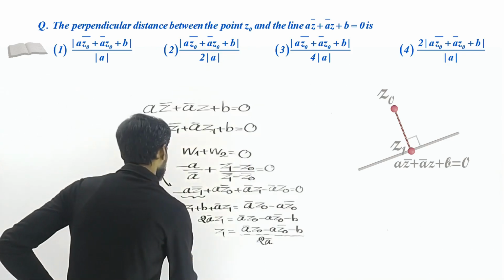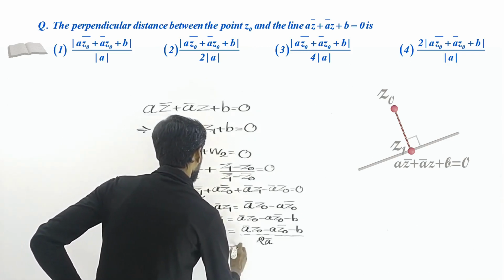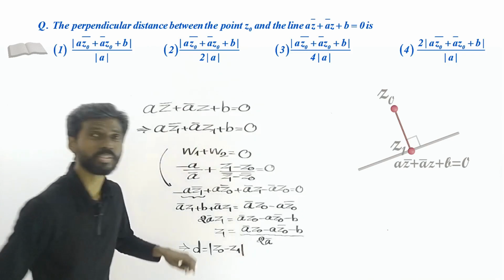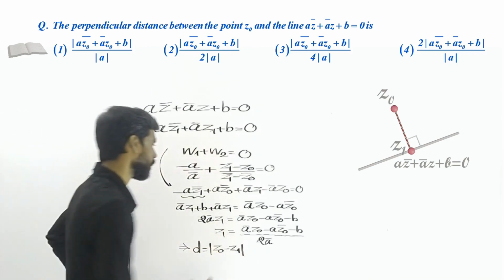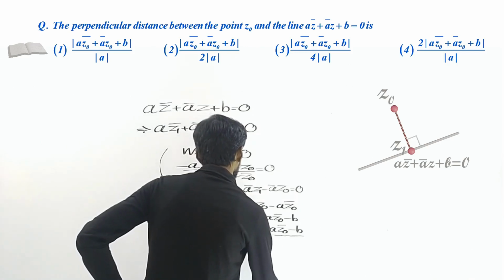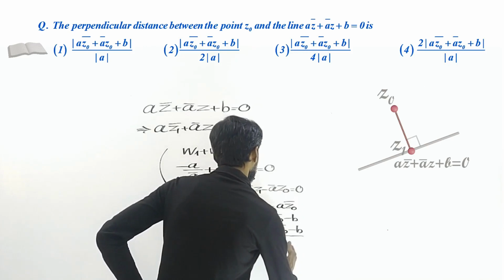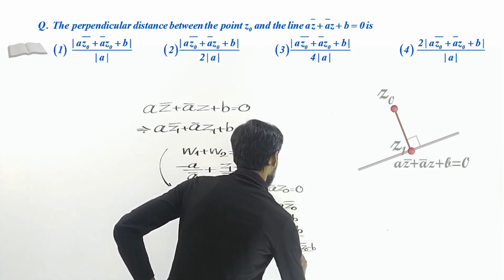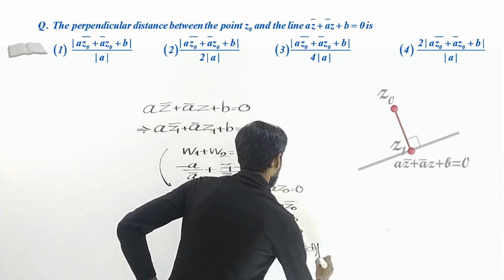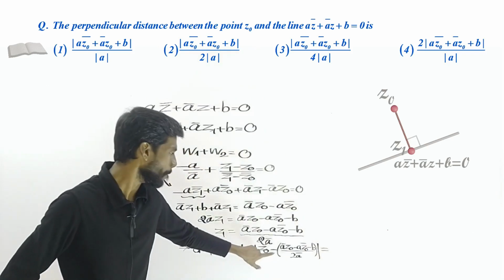So our required distance d is equal to modulus of z0 minus z1. Okay, so z0 is as it is. Now z1 we can substitute from this. So modulus of z0 minus this value, (a bar z0 minus a z0 bar minus b) divided by 2a bar. Okay, so let us do the simplification to get the answer, right? So this is 2a bar z0 minus a bar z0.